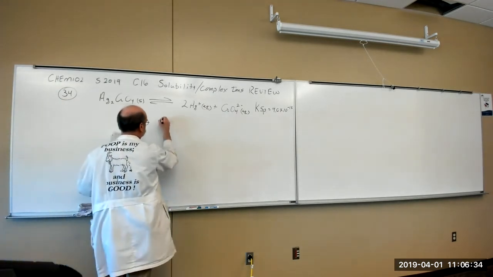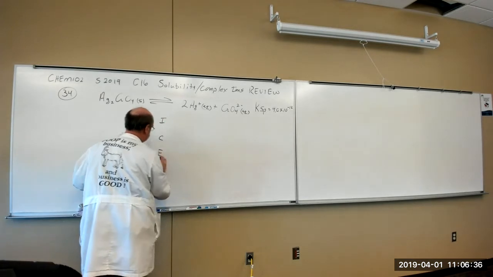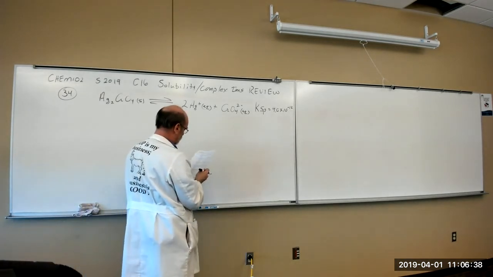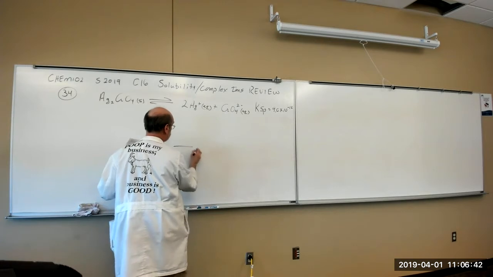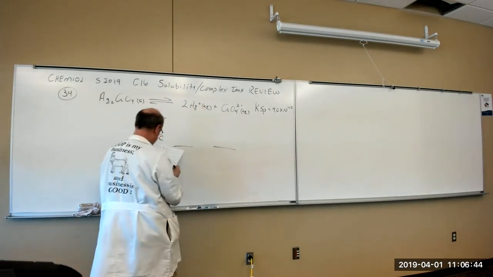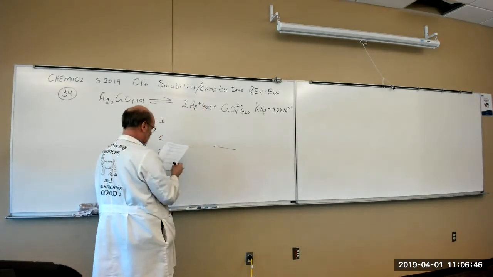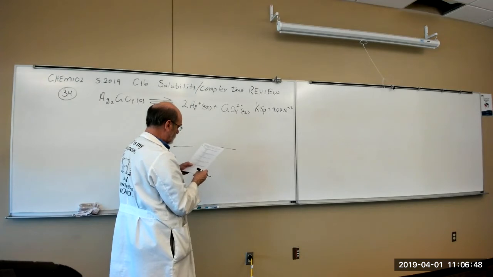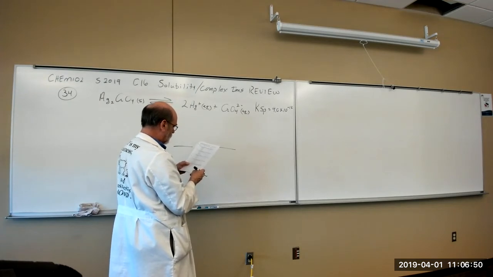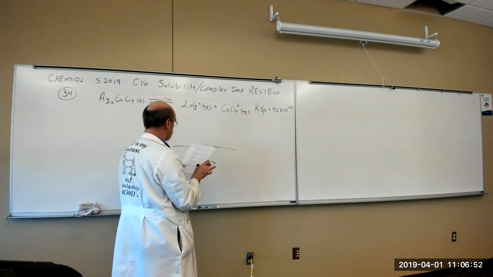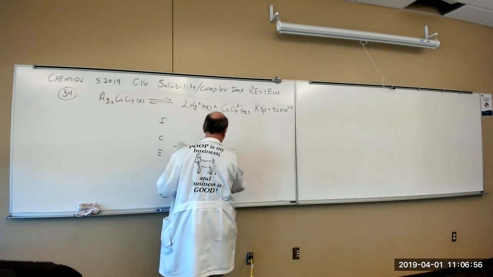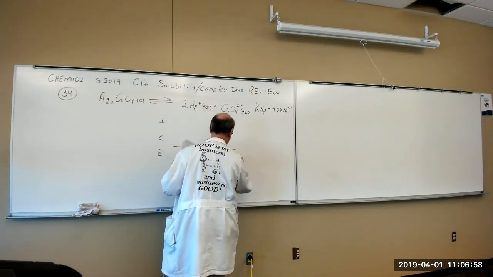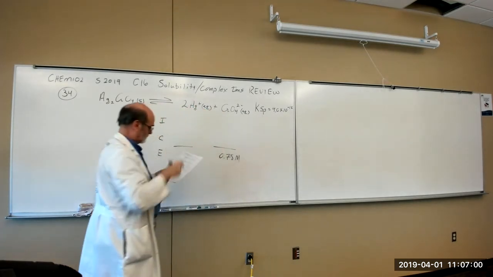Well, this is really simpler than it looks. What we want to know is what's this one down here. So what are we starting with? Well, it says we're starting with, to reach a 0.78 molar chromate. So if we're going to reach a 0.78 molar chromate, that's equilibrium, right?